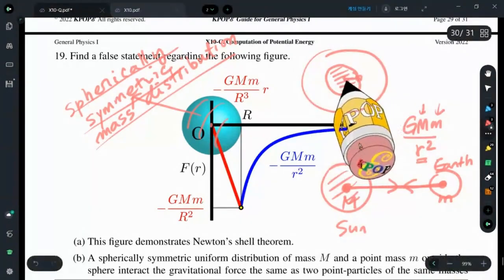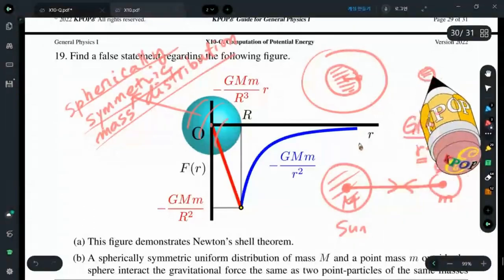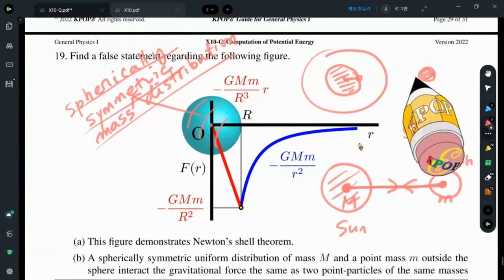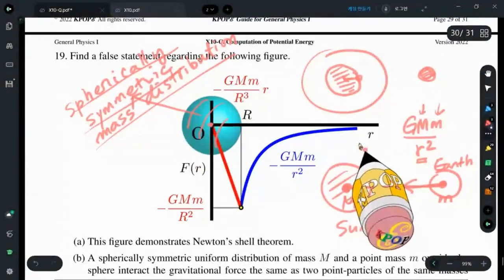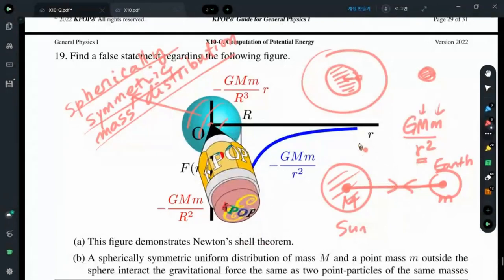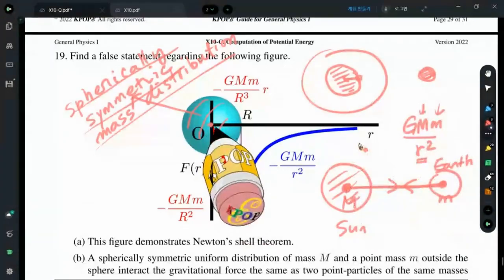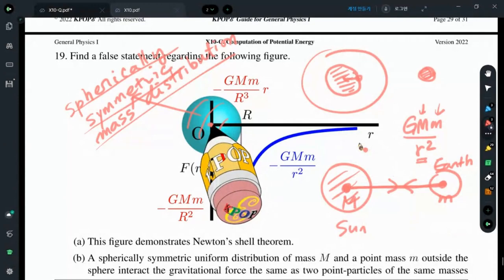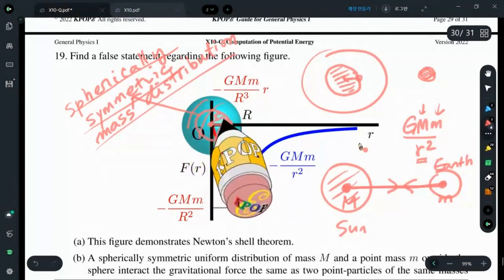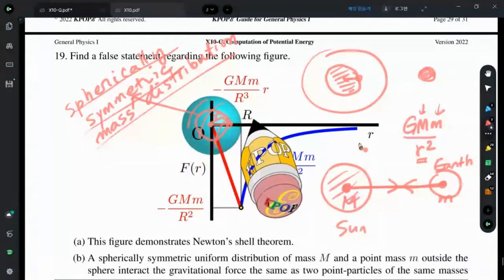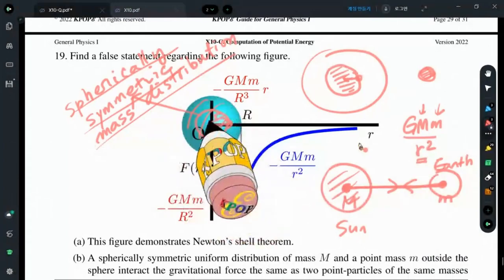And if you approach the center, the mass inside the spherical surface becomes tiny and smaller. If you approach the center, there is nothing inside. Therefore, at the center, this point mass does not feel any gravitational force. And if you depart from the center, we have a small radius r that is smaller than the capital R, the radius of the original sphere.